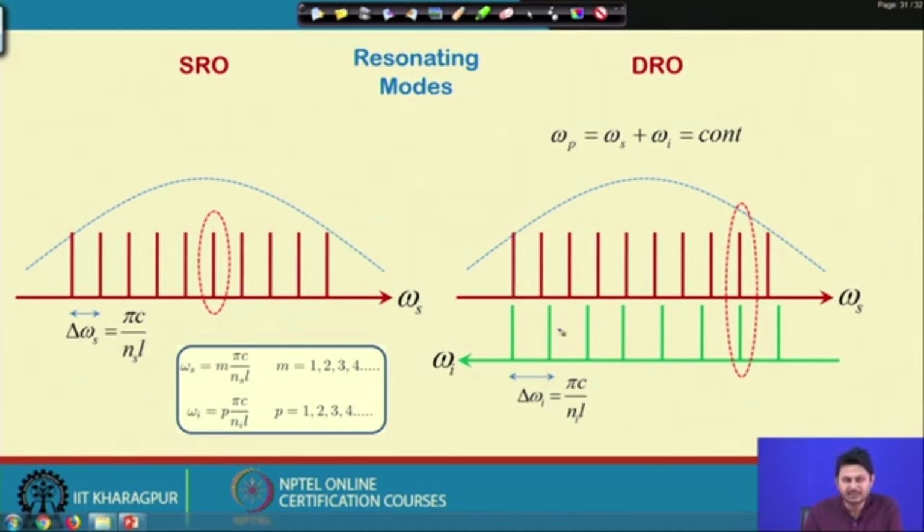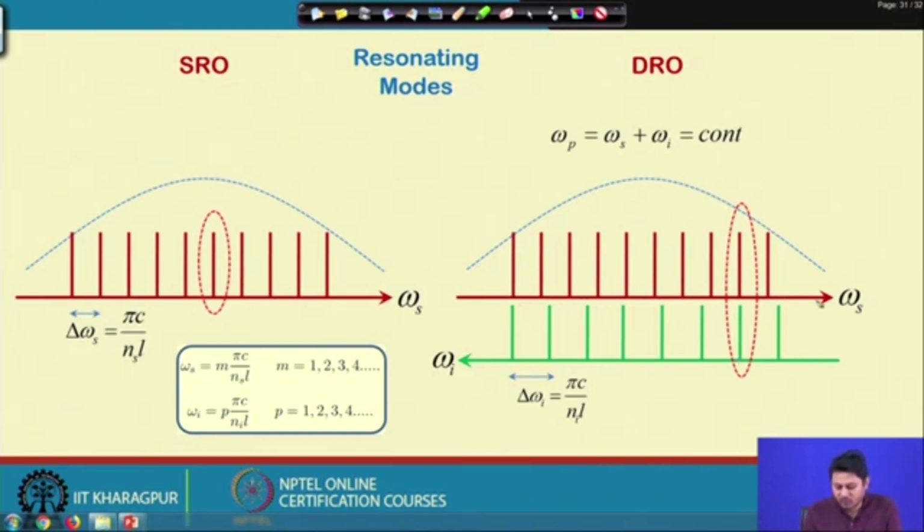You can see that there is a mismatch between these two frequencies gradually, but there is a possibility that they will again coincide at a similar point here. So, these are the two modes where these two values coincide with each other.